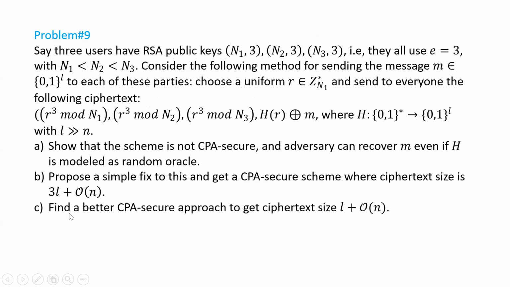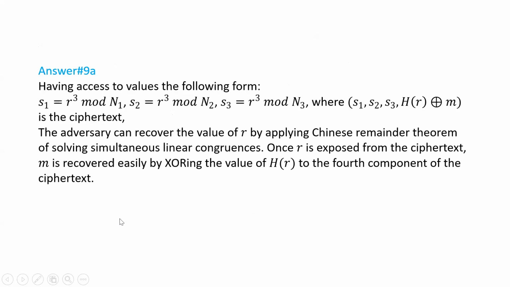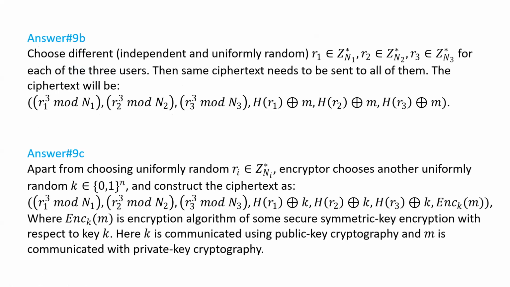And the next question is to find a better CPA secure approach to get ciphertext size L plus order of N. So we are trying to get an even more efficient approach. What we can do is choose uniform random Ri from Zn star as before, but we will also choose another uniformly random K from n-bit binary strings and construct the ciphertext as R1 cube mod N1, R2 cube mod N2, R3 cube mod N3.